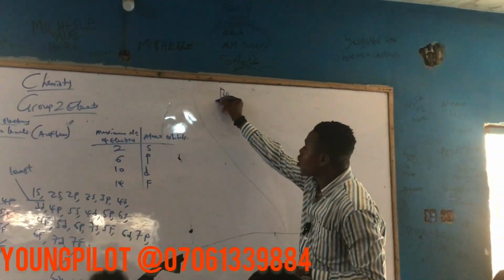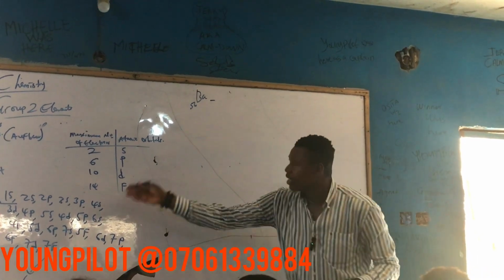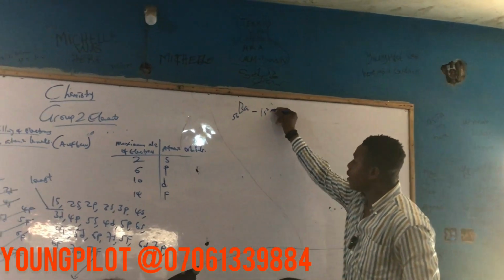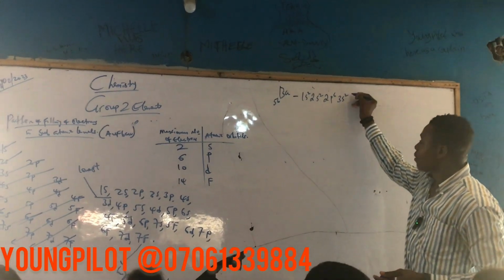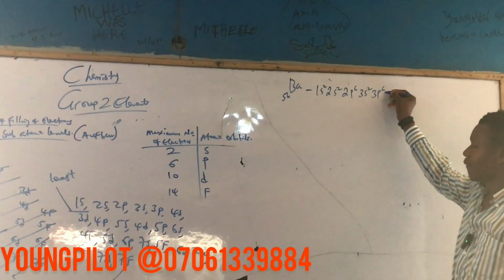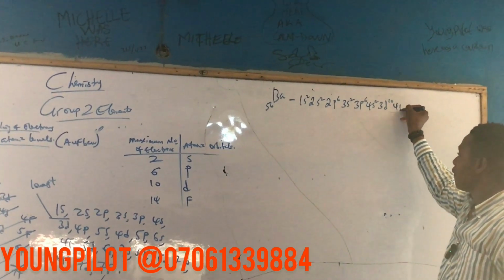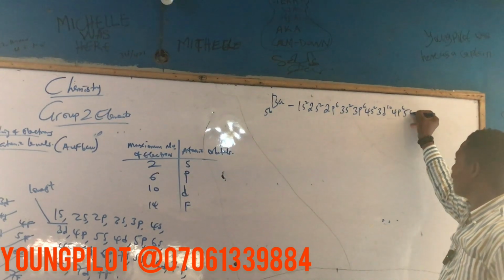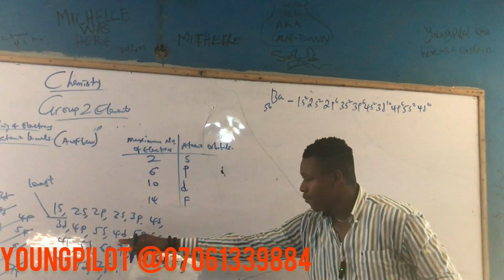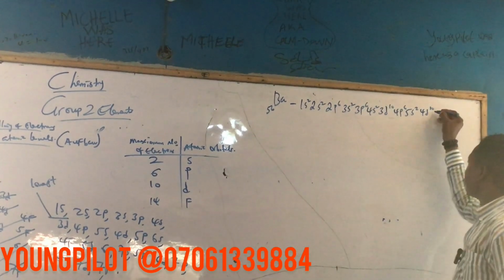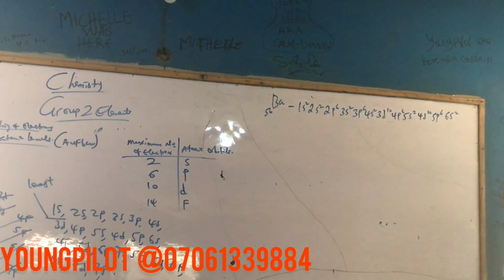Barium is atomic number 56. Let's start filling: 1s2, 2s2, and so on.